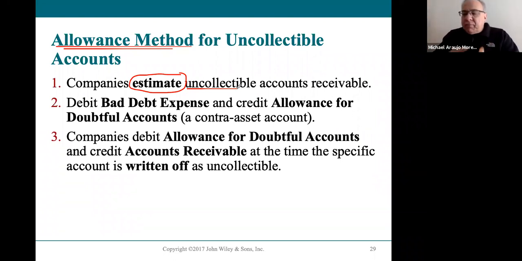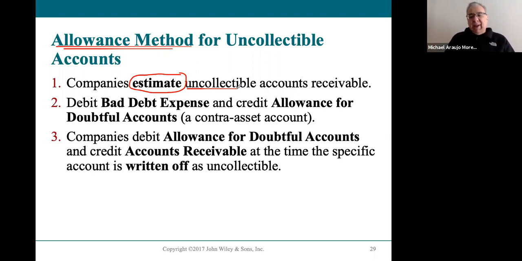That estimate is usually based on history. Most of the time, we're a corporation that's public. We've been in business for a while, and so we have a history of how much of our receivables have normally gone uncollected.